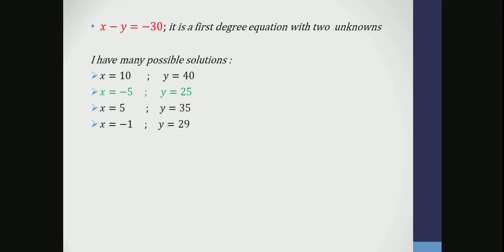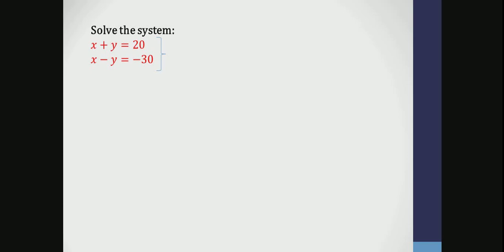Now, if I want one exact solution, I combine them together. I studied the solutions of each one alone, but I want a solution that works for both of them, because they are the same x and the same y. So, if I put them together, what do we obtain?